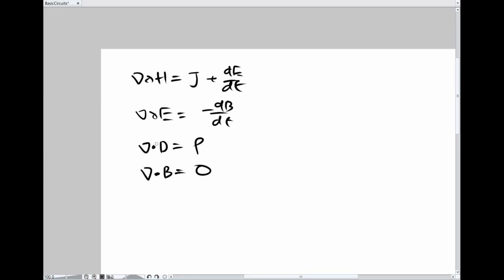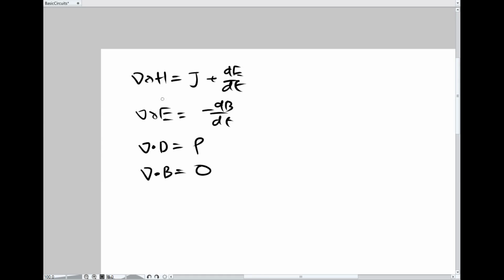The divergence of electric flux density, which physicists call something, I forgot what they call it, is electric charge density.